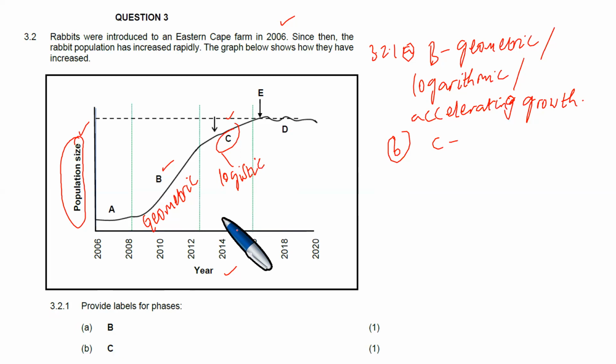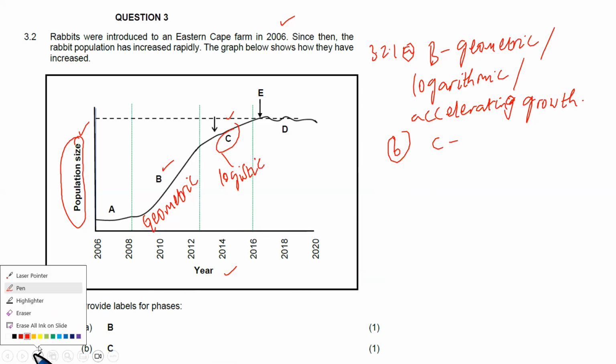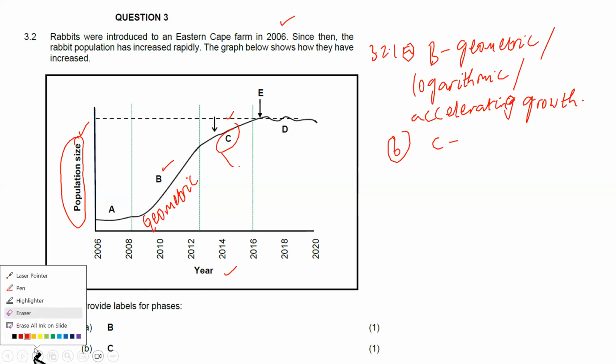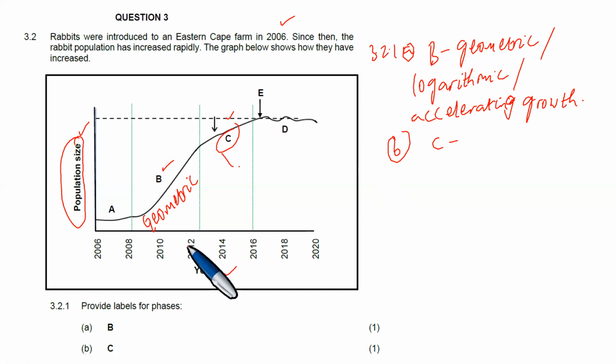We call it the decreasing growth rather. The correct term for that is actually the decreasing growth. Because you can see that it is beginning to decrease, the right word for that is the decreasing growth.